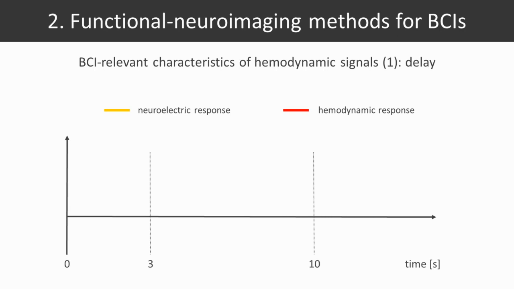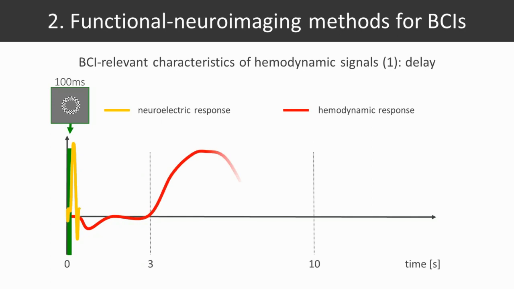I have here prepared an animation, and imagine we present to the subject a short visual checkerboard stimulus, let's say of about 100 milliseconds. Using EEG, you would measure an immediate neuroelectric response. But using fNIRS or fMRI, we would observe a delayed hemodynamic response that is demonstrated here in real time. And the vascular response to neural activity, as you can see, is actually very slow.